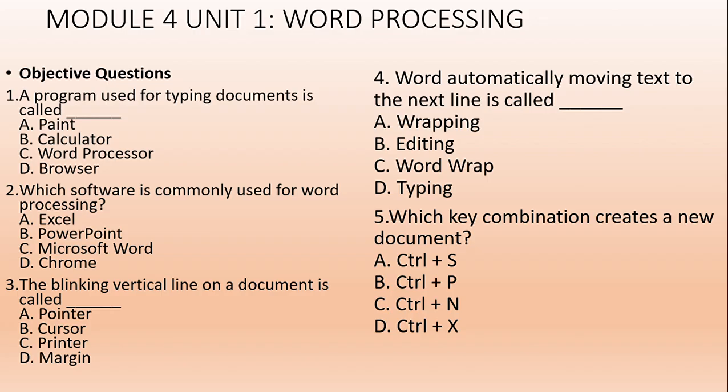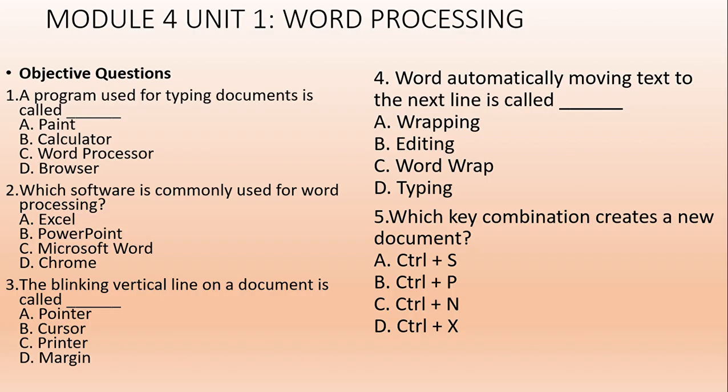Word processor. Yeah, a program that is used for typing documents is called a word processor. And number 2, which software is commonly used for word processing? We talked about the software that is used for word processing in this unit. So which one? Yeah, Microsoft Word. Microsoft Word is the commonly used one.